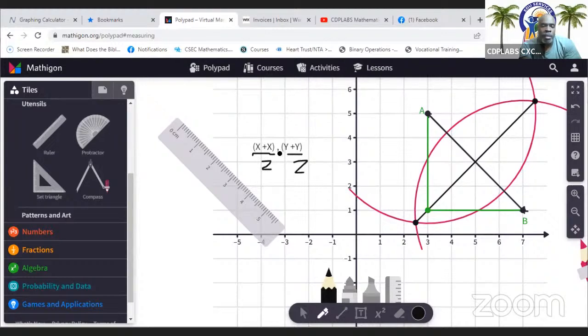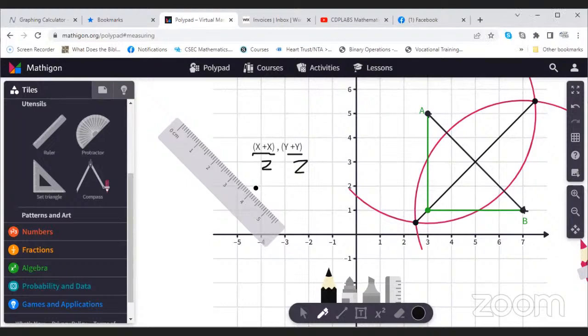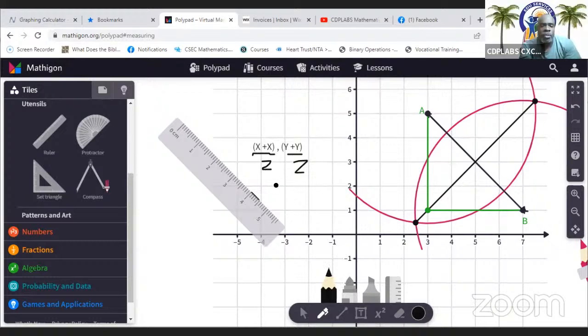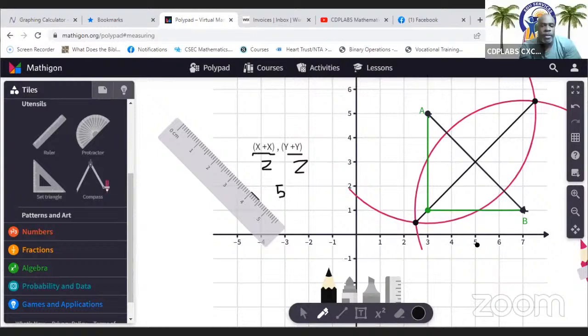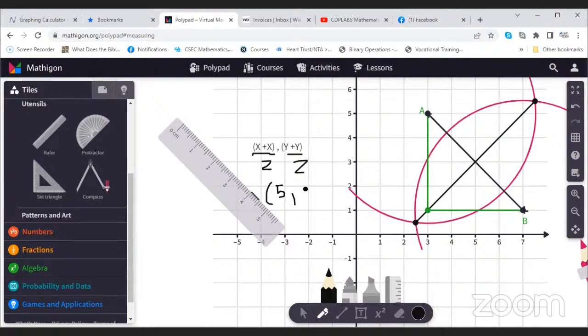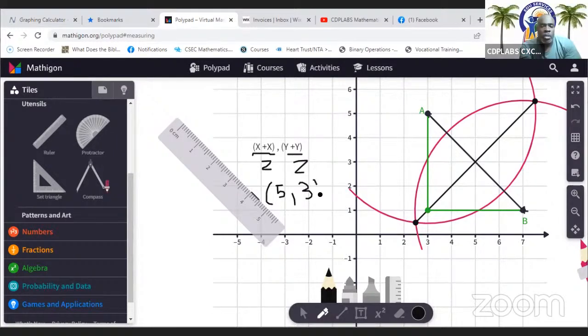Note I put a comma. What are the x values? 3 and 7. 3 plus 7 is 10, and 10 divided by 2 is 5. So we found the x value already. The y value: 1 plus 5 is 6, divided by 2 is 3. Good. So we get the same answer.